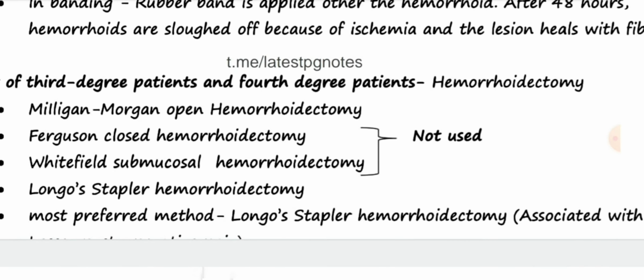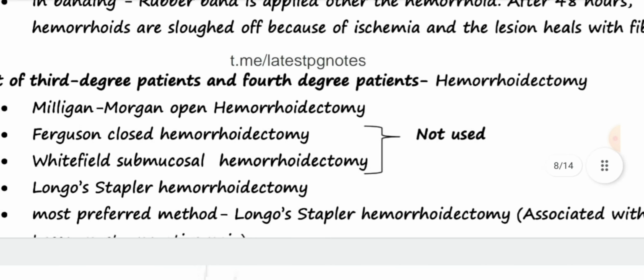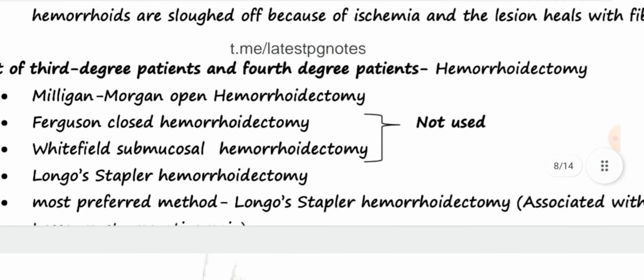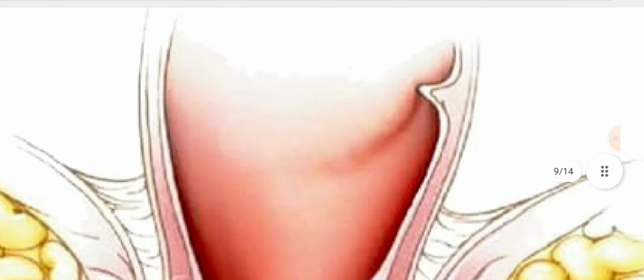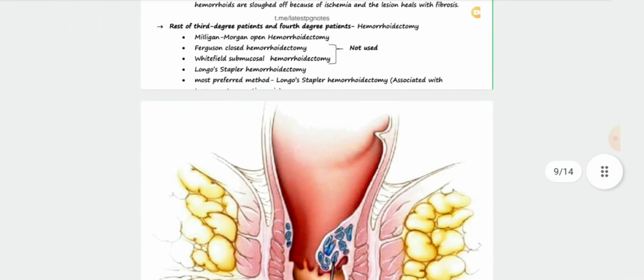You have to remember them for the NEET PG. The Milligan Morgan open hemorrhoidectomy, the Ferguson closed hemorrhoidectomy, Whitehead submucosal hemorrhoidectomy, and Longo's stapler hemorrhoidectomy. The most preferred is Longo's stapler hemorrhoidectomy.